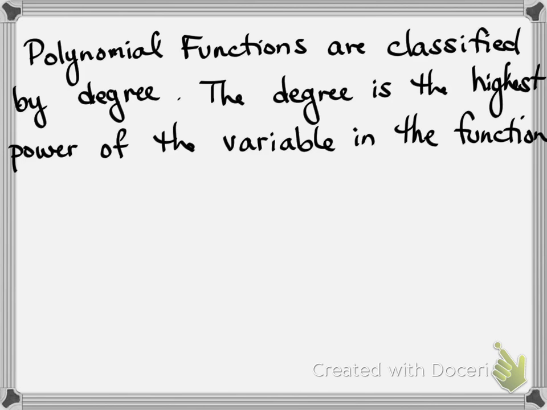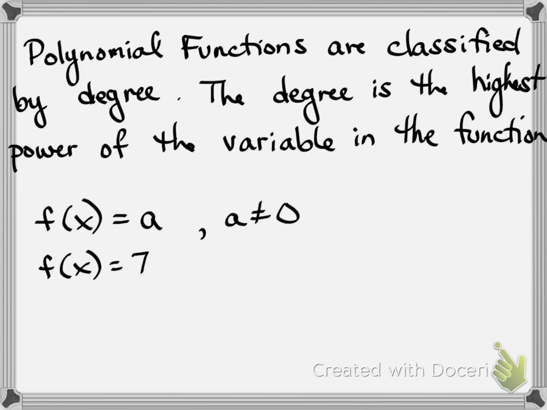All right, so if we have this first function, which is f of x equals a, and they tell us a is not 0, and remember a was just a real number, so the example might be f of x equals 7. Then this is the constant function, because it doesn't have a variable.